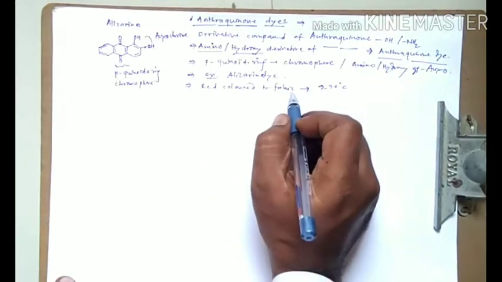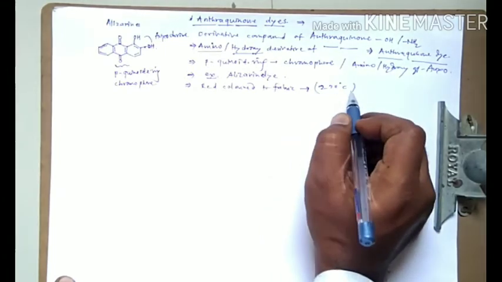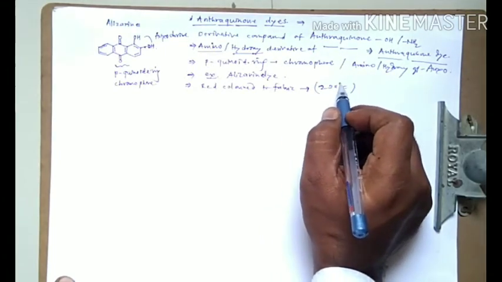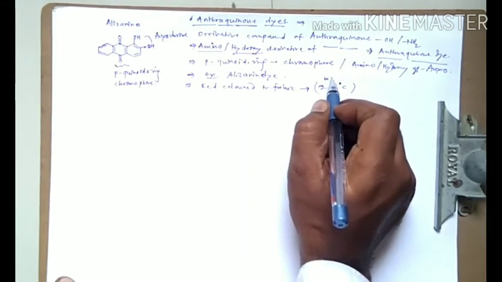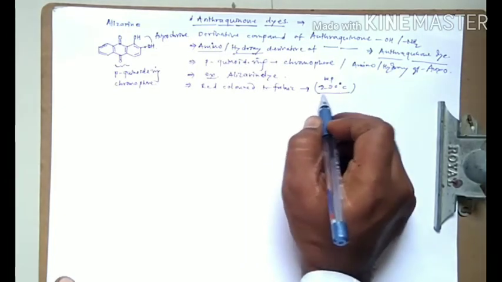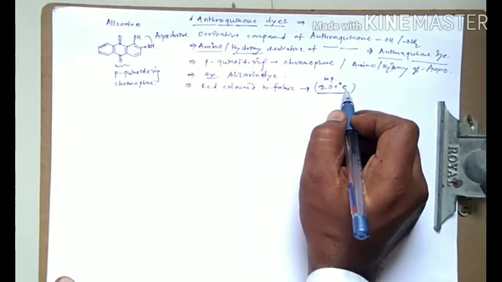It imparts red color to the fabric because it produces a red colored salt having melting point 290 degrees Celsius.